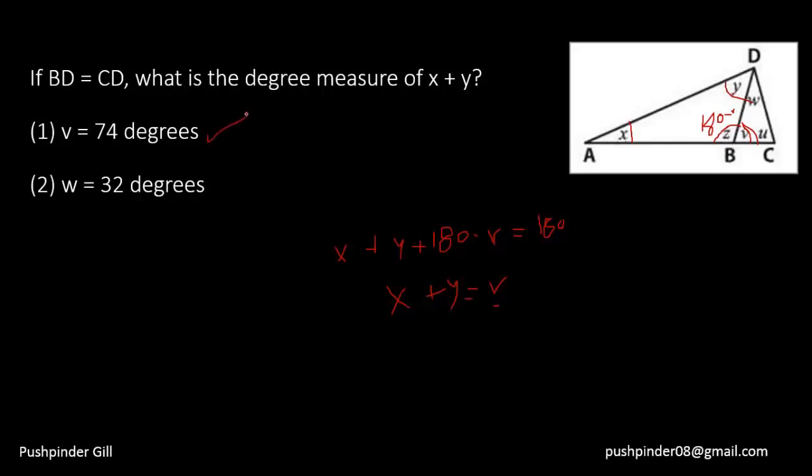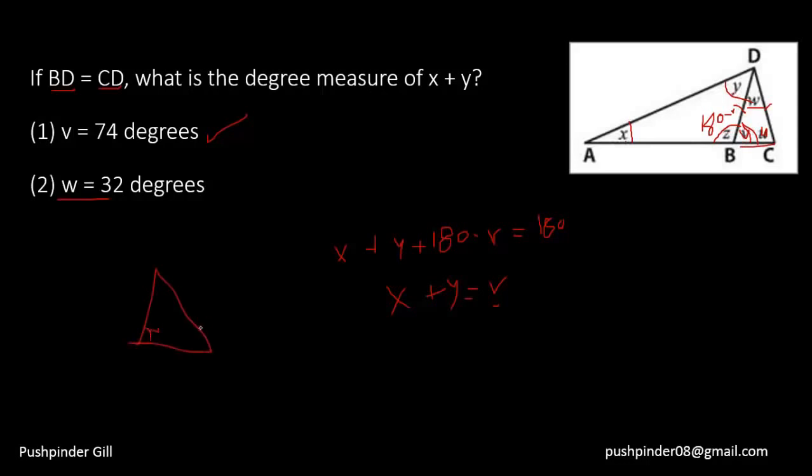Well, you know what? The first statement pretty much gives me the value of v. But if I see the second statement as well, it says that BD is equal to CD. That means this side is equal to this side, that means v is equal to u. And if I know the value of w, I would be able to calculate the value of v pretty easily, isn't it? Similarly, I'm going to show you here.